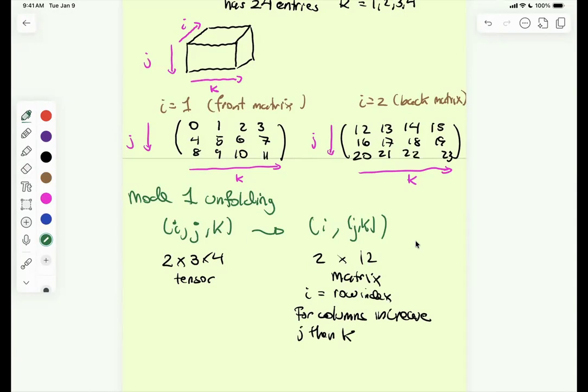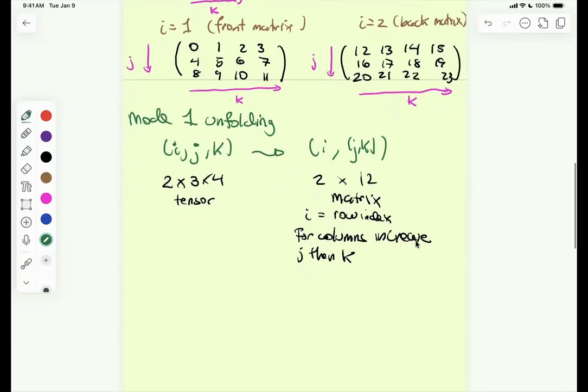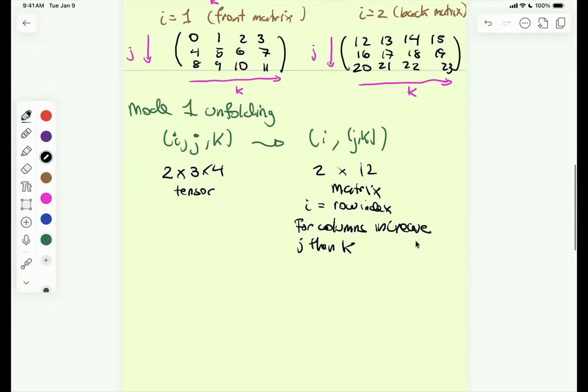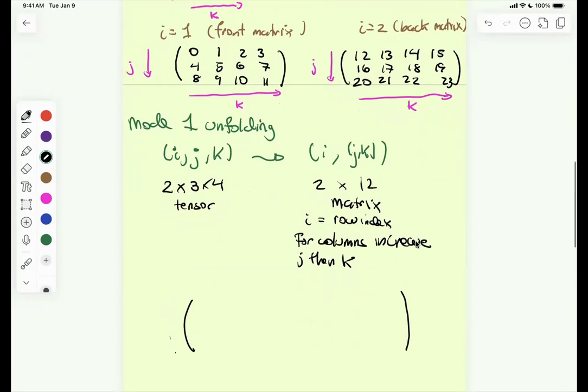So let's see what this means. So again, it's going to be a 2 times 12 matrix.